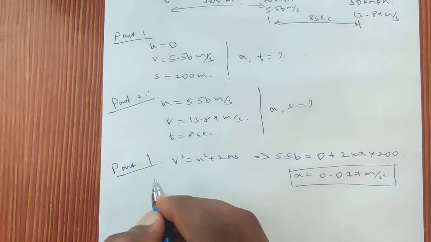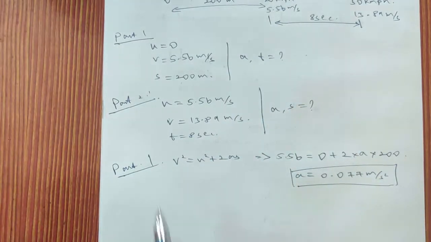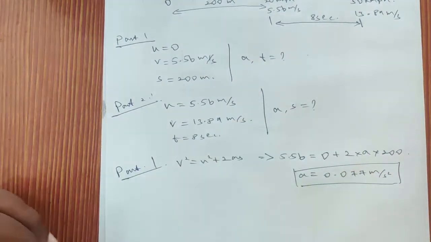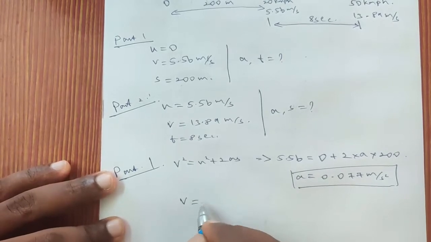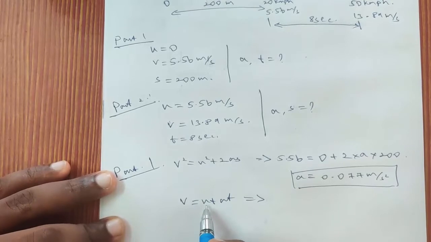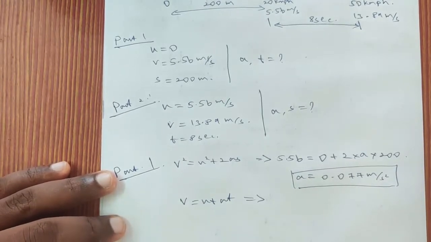Okay, so we have calculated a. Then t. Now we have u, v, s and a, and we have to calculate the value of t. If you use the first equation, that is v is equal to u plus at, we have u, v and a, so the only unknown value is t.